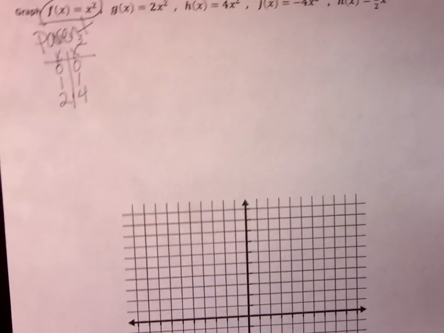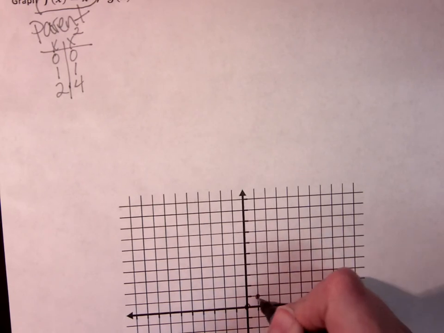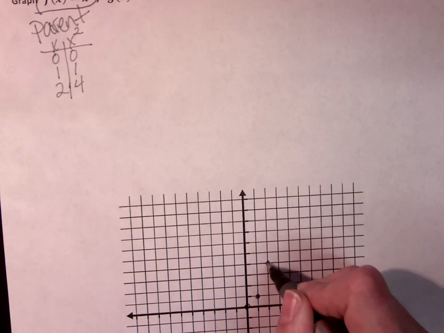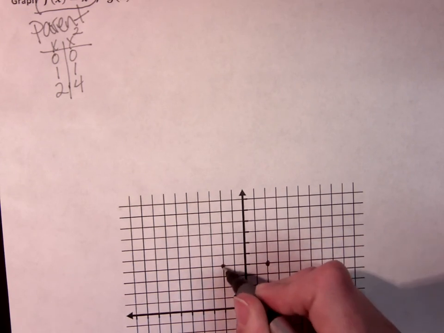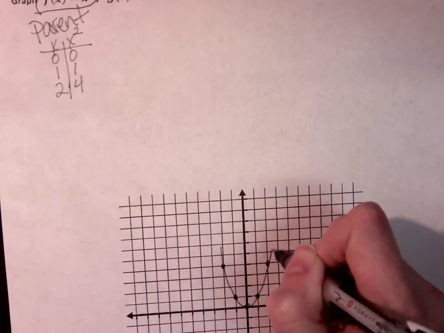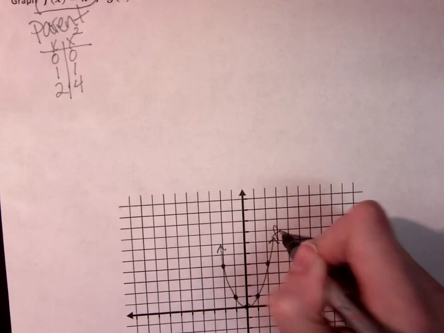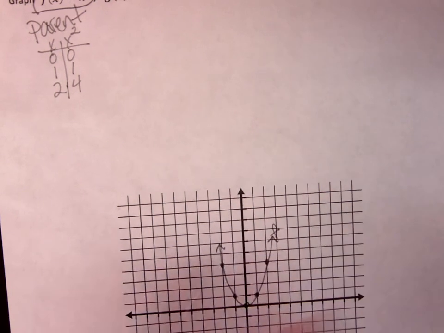So it sits at the origin, over 1, up 1, over 2, up 4, reflect it back across, and we can just use an f of x. There's our parent function, x squared.